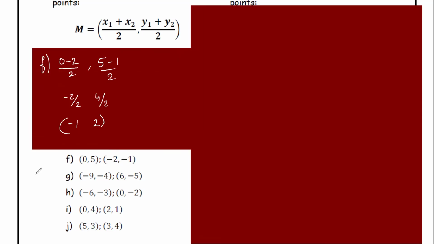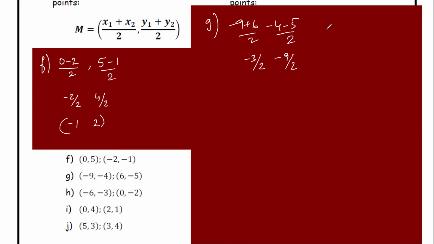That way it will be visually appealing as well. Okay, G, you got negative 9 and 6 divide by 2, negative 4 minus 5 divide by 2. So I got negative 3 over 2, and negative 9 over 2, and that's about it.